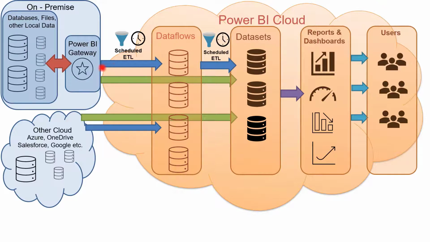We can transform that data with an overnight update, maybe with a complex transformation suite that ends up with a data flow that other users can then use without that complexity, without having to hit the data on premise anymore. We've moved our data that's required for reporting away from on-premise into the data flows. That speeds things up, that smooths things out, it makes it reusable, it makes it faster and better to work with.